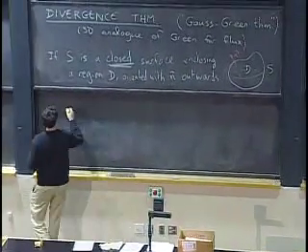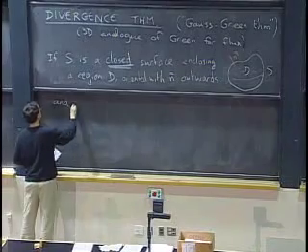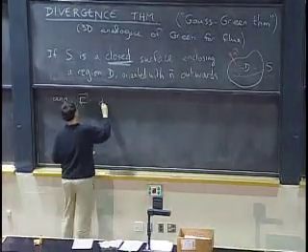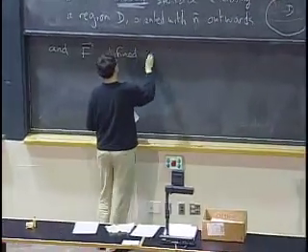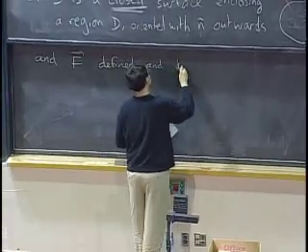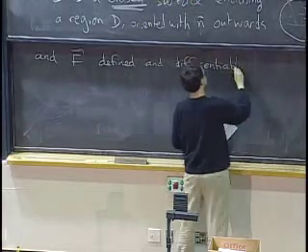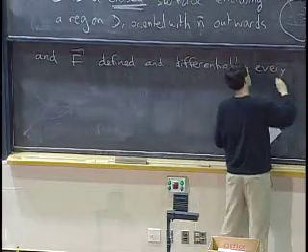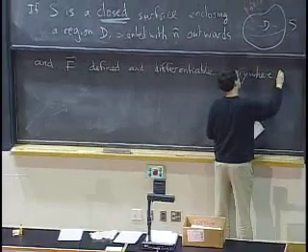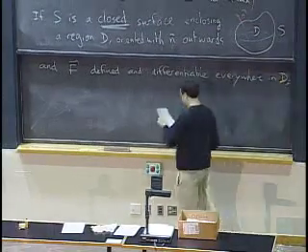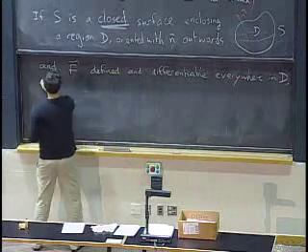So that's one part of the puzzle. The other part is a vector field. I need to have a vector field that's defined and differentiable everywhere in D, so same restrictions as usual.